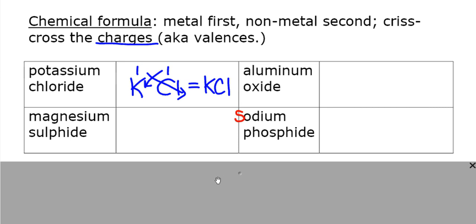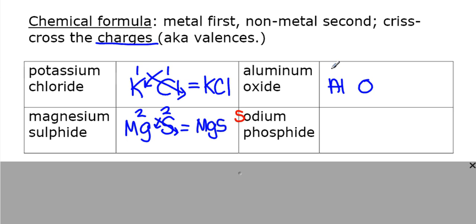Next up is magnesium sulfide. So Mg is magnesium, S is sulfur, for sulfide. They both have charges of 2. So here, since they're both the same, they're going to simplify again just to MgS. You would do the crisscross, but since they're both the same number, they cancel each other out. Next, aluminum oxide, Al and O. Aluminum has a charge of 3, oxygen 2.